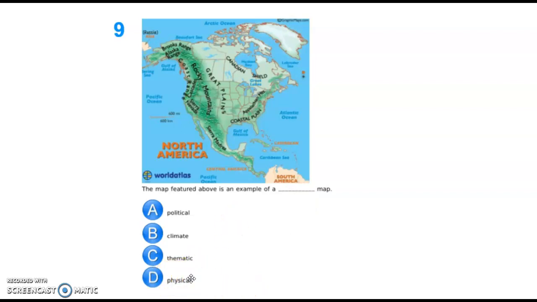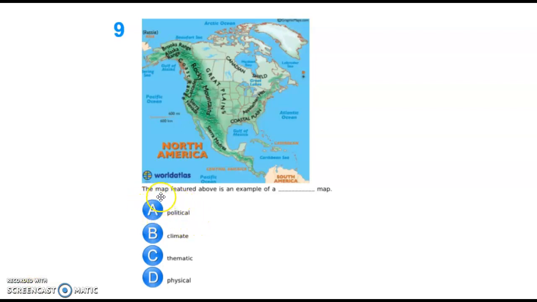A physical map is going to show you river systems, mountain ranges, plains, anything that is physically made on a map. So your correct answer would have been D, physical, because it shows you the Rocky Mountains, the Sierra Madres, the Great Plains, the coastal plains.